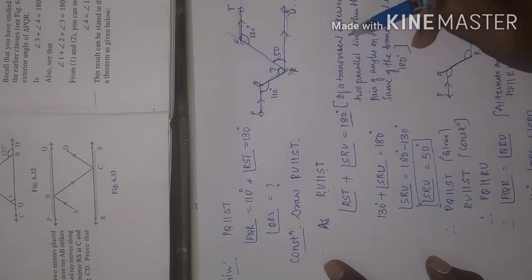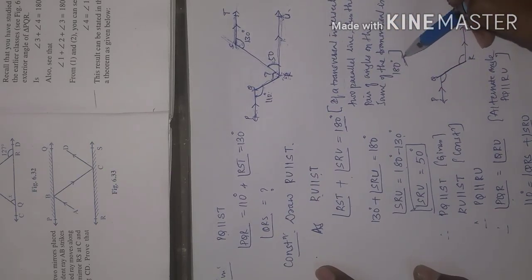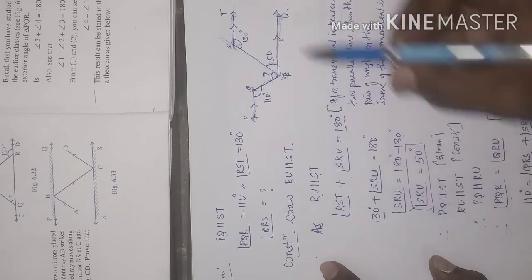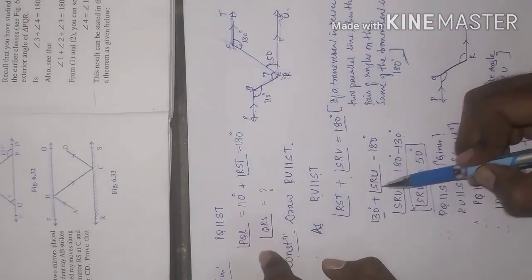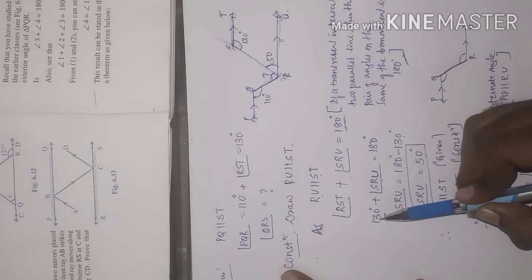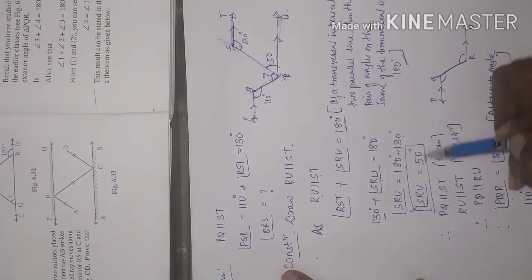If a transversal intersects two parallel lines, then the pair of angles on the same side of the transversal is 180 degrees, or supplementary. RST is 130 degrees. So SRU is equal to 180 minus 130, which is 50 degrees.